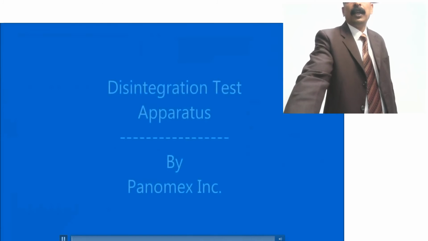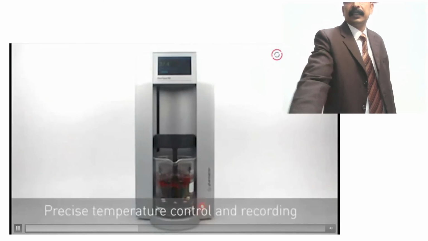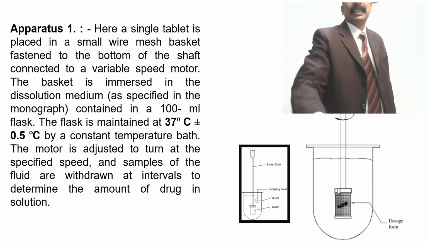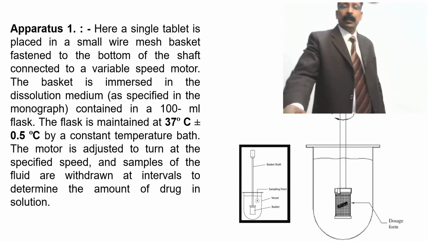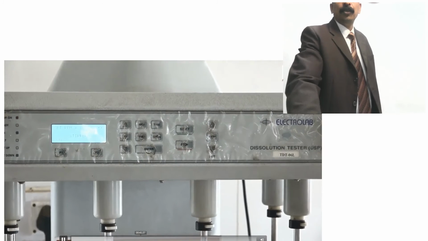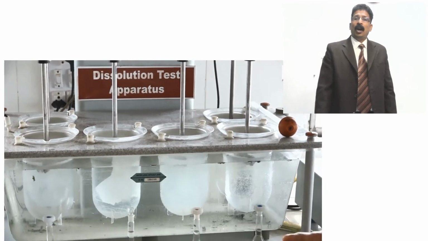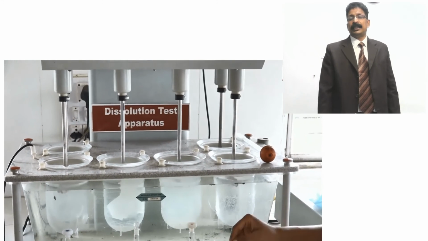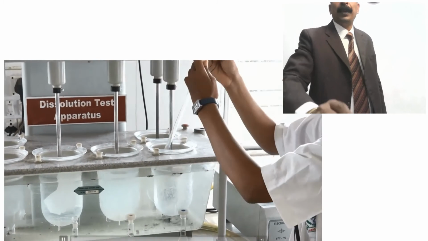Next I want to show the dissolution. This is a disintegration machine, another machine, and this is about dissolution. In dissolution, there are paddle types and also basket types, so both types can be used for identifying the dissolution rate of any tablet. This video shows the dissolution apparatus, where they take samples from this 1 liter beaker of the paddle type by means of a standard flask, and dilutions can be done and concentration can be identified every 1 minute, as she was telling about how to pipette out the samples.